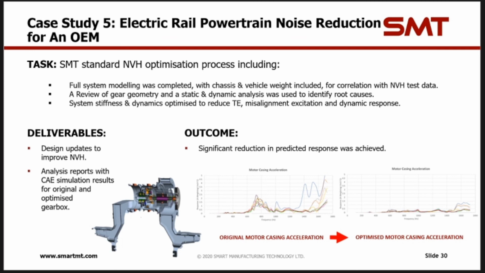The other stage, it wasn't possible to get a contact ratio above 2, so we just maximised the contact ratio and optimised the microgeometry, and we were able to get significant reductions in the noise.